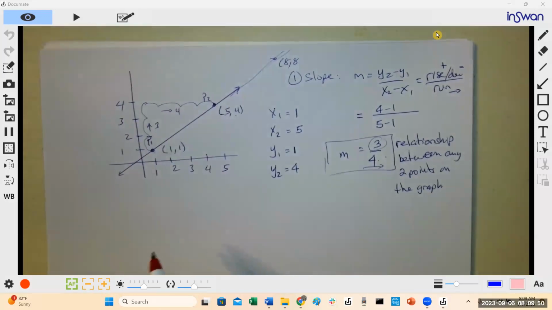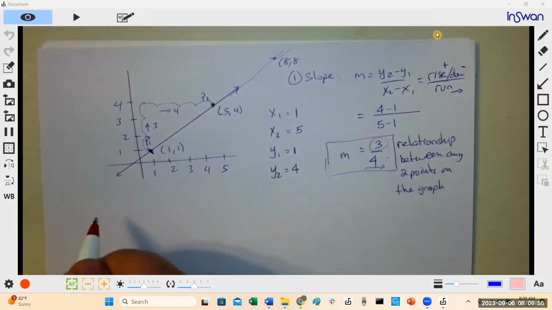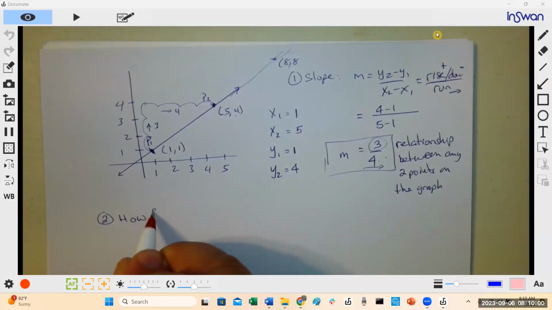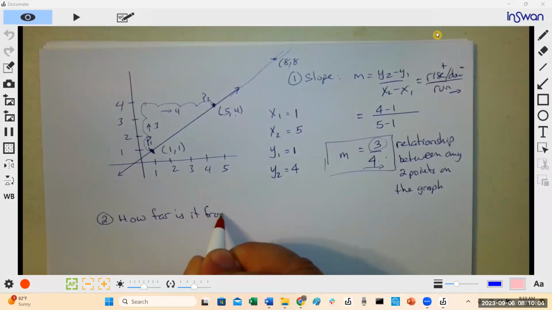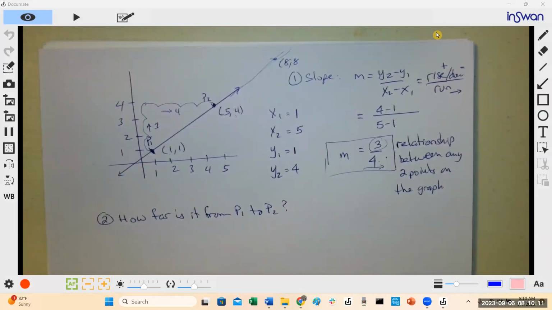Now let's look at some other things we could find here. We could find how far it is from point 1 to point 2. Another name for that is distance.